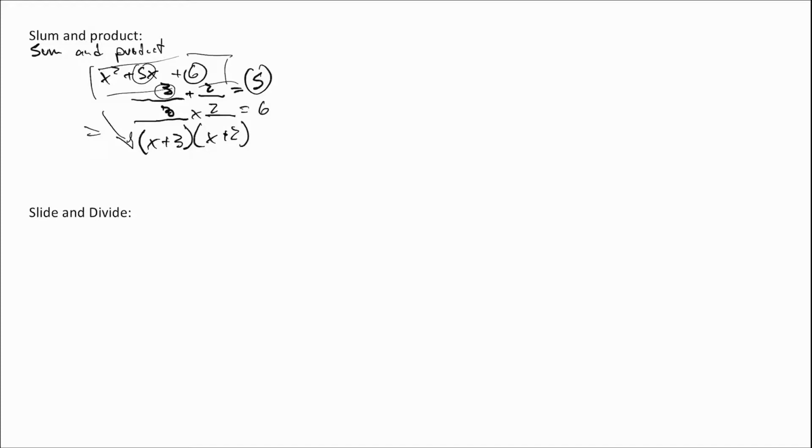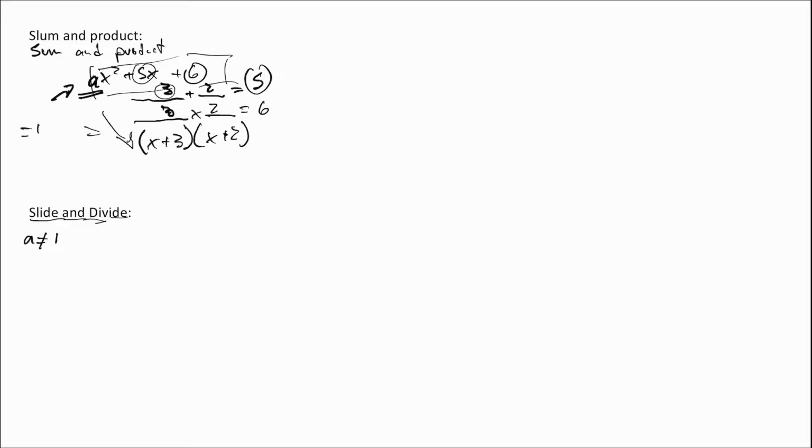Now let's see slide and divide. So slide and divide is essentially the same thing as sum and product, but sum and product you can only use when the a value, so this is a, is equal to 1. When a is different than 1, you need to use slide and divide.